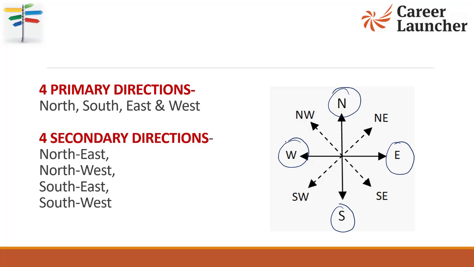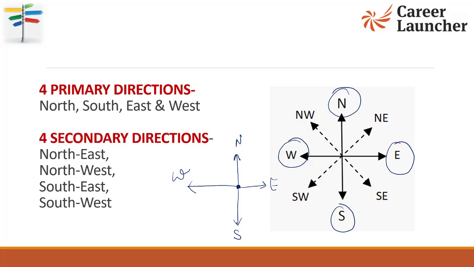Now, whenever we make a diagram, from a starting point, whatever the starting point be, if we're drawing on a piece of paper, up is always considered north, down is always considered south, right is always considered east, and left is always considered west. These are our four major primary directions.